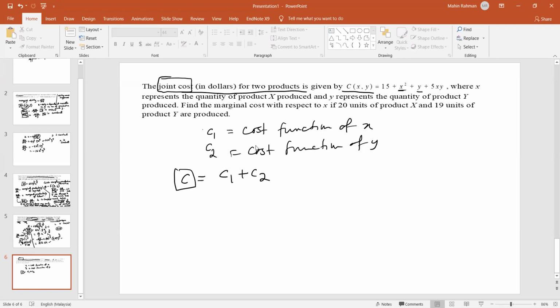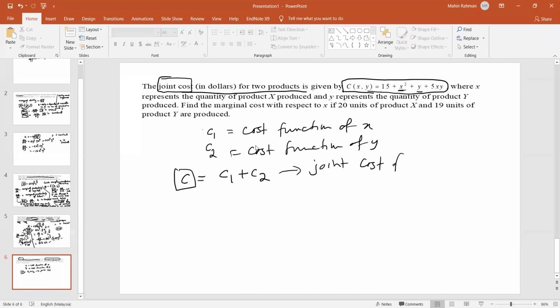But in this case, you are already given the joint cost function, so you do not need to add. Sometimes we give you the cost functions for X and Y separately, then first you add these two and you get the joint cost function.